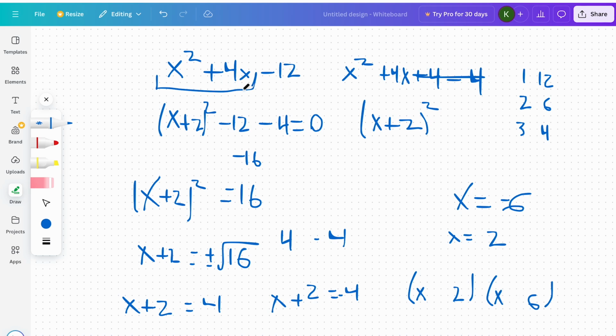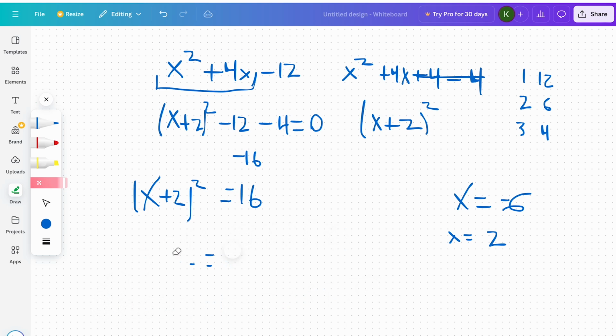Since 4 is positive, the 6 has to be positive too, because 6 minus 2 is 4. So you get your factors as x minus 2 and x plus 6. If you solve those for 0, you would get the same thing as what we just did. So that's a nice and easy example to start us off.